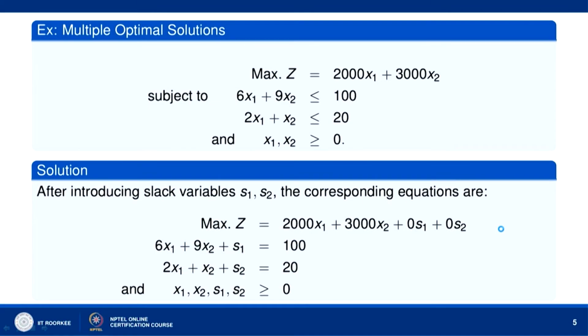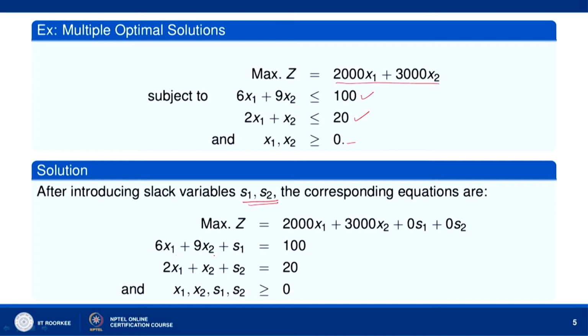Okay. Now, let us consider the second problem. We have the objective function z equal to 2000 x1 plus 3000 x2, and we are given two constraints: 6 x1 plus 9 x2 less than or equal to 100, 2 x1 plus x2 less than or equal to 20. x1, x2 are two non-negative variables. We introduce slack variables s1, s2 to convert these constraints into equations.